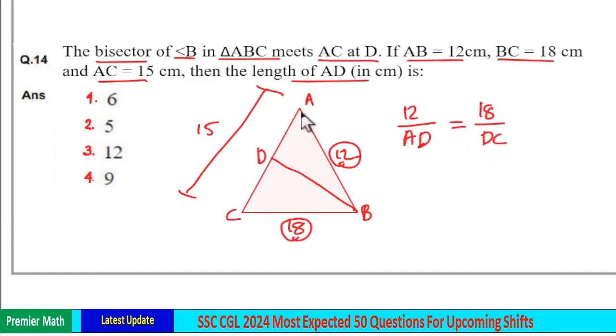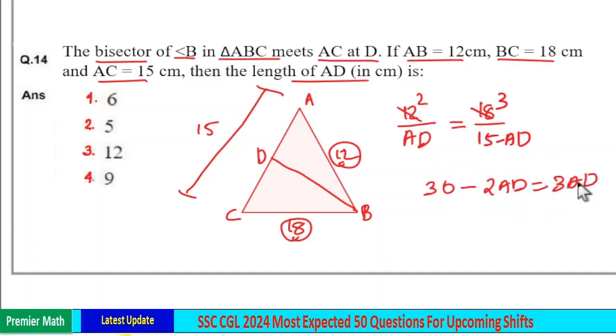DC here is equal to 15 minus AD. Now, 6 goes 2 times in 12, 6 goes 3 times in 18. Now, 30 minus 2 AD is equal to 3 AD, which means 5 AD is equal to 30. So, AD is equal to 30 by 5, which is 6.